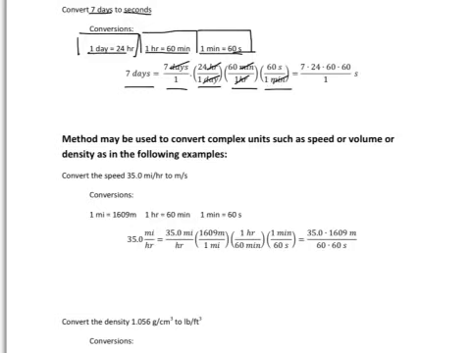When I collect all these, leaving out the units that cancel, I see I have 7 times 24 times 60 times 60, and the only unit left is seconds. And I find the answer is 604,800 seconds.